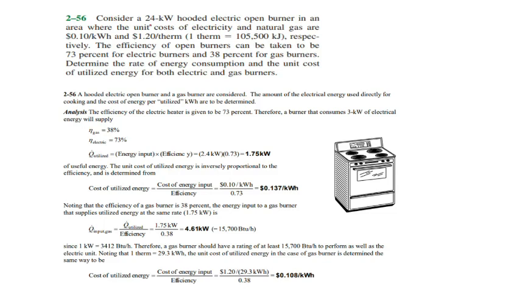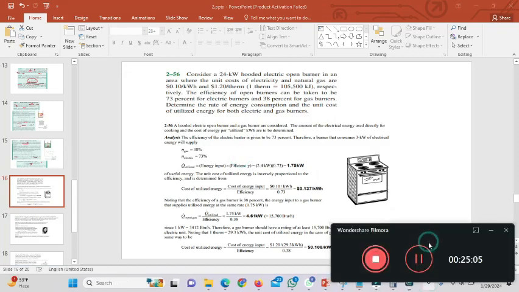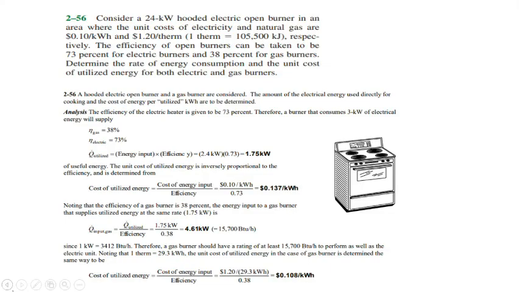First of all, consider a 2.4 kilowatt hooded electric open burner, this is a burner, in an area where the unit costs of electricity and natural gas are 0.1 dollar per kilowatt hour, and 1.2 dollar per therm.